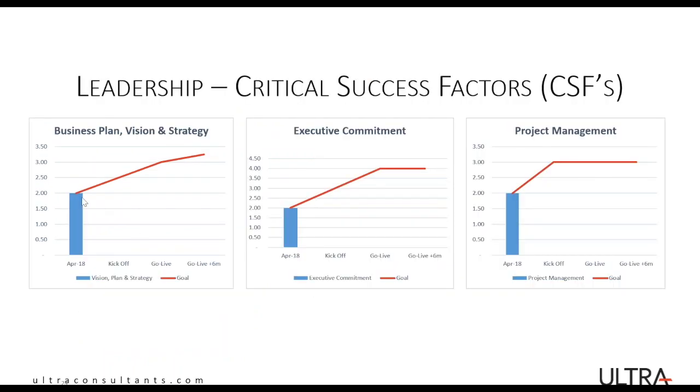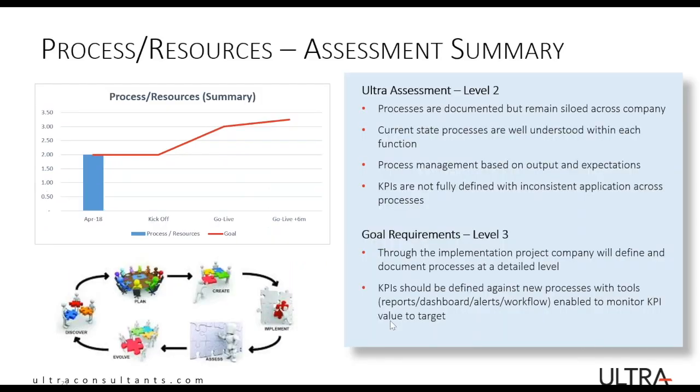We broke that down into the business plan, vision, and strategy, which was fairly immature. The executive commitment was there, but it was more lip service than action behind it, and they needed a lot of work building up a project management capability. So we viewed these as the critical success factors within leadership.